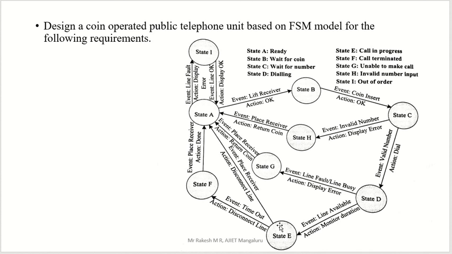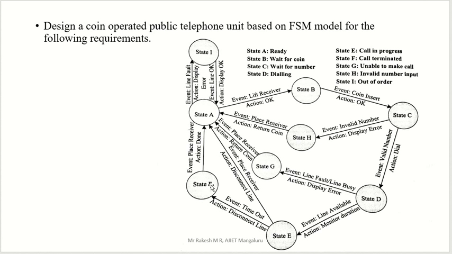So here state E is call in progress. Now consider time is over, because here the time is being monitored. Once that time is over, suddenly a timeout came. Event is timeout, disconnect call. Timeout means disconnect call. Then it goes to state F. What is state F? Call terminated.